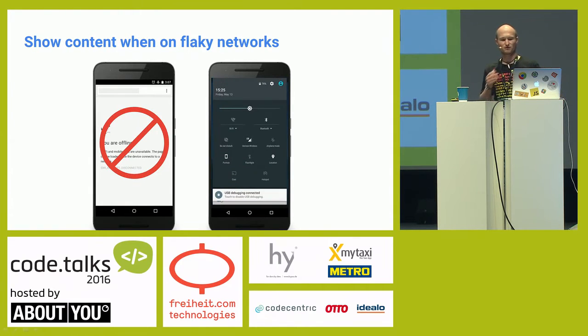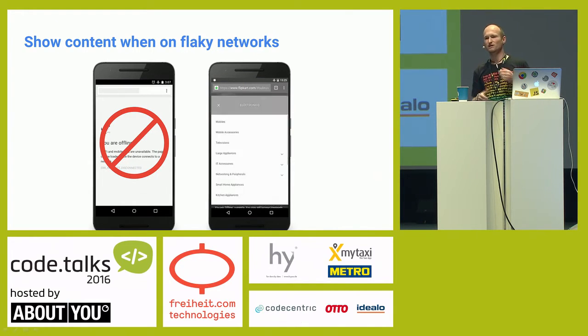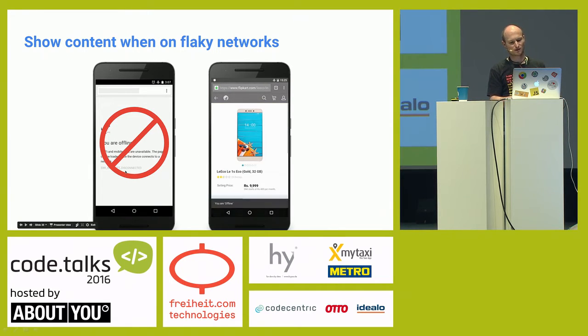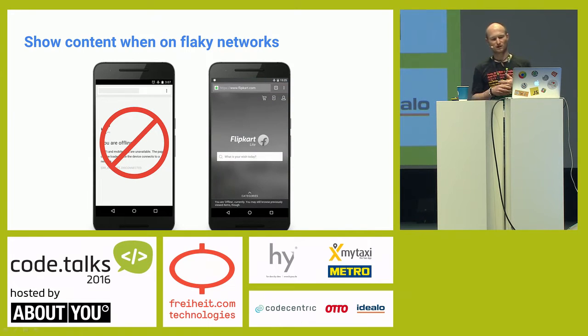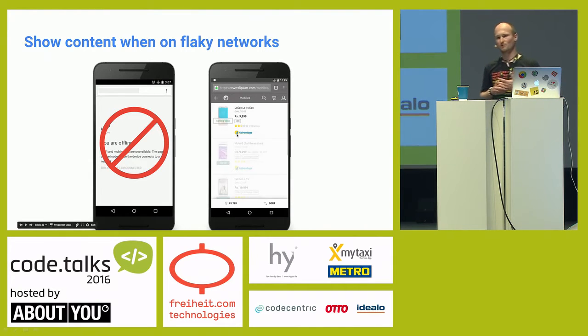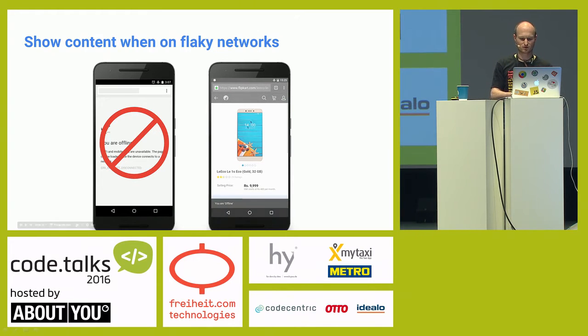And then the thing is, well, what do you do when you have flaky network? So a couple of UI patterns have started to emerge. Rather than just being completely offline, wouldn't it be nice if the app at least showed some of the content, as I said earlier, if you are a news app, maybe the last n articles, or maybe the article you have last looked at, and in this case, Flipkart, the last things you looked at on this page.